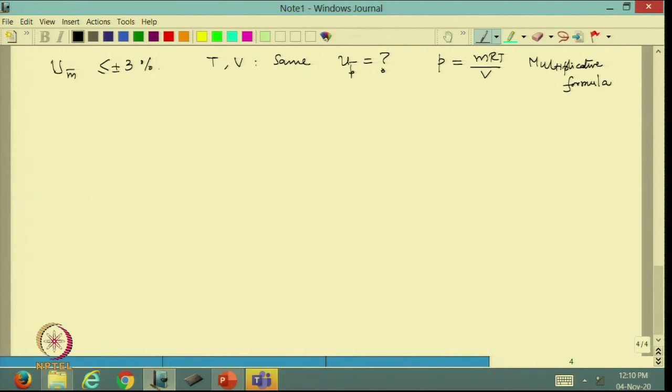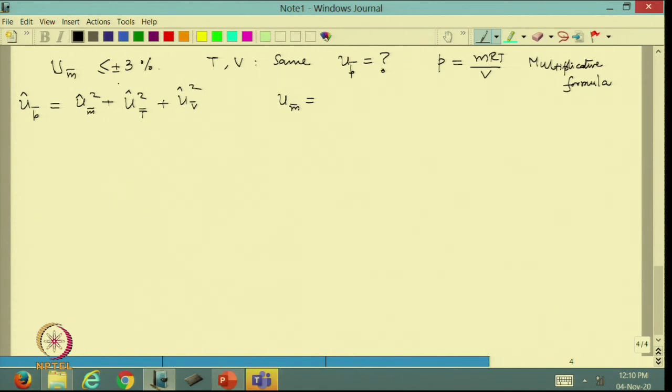And when you do that, we can then write u hat P bar, which is what we want to calculate, as u hat m bar square plus u hat T bar square plus u hat V bar square. u m bar is given as plus minus 3%. So, we can get that standard error in mass, we can calculate that ratio.